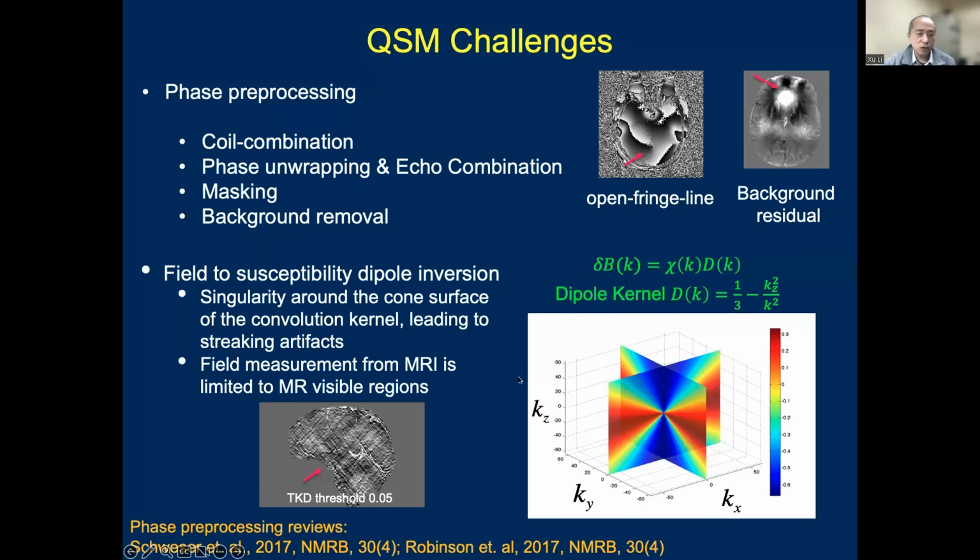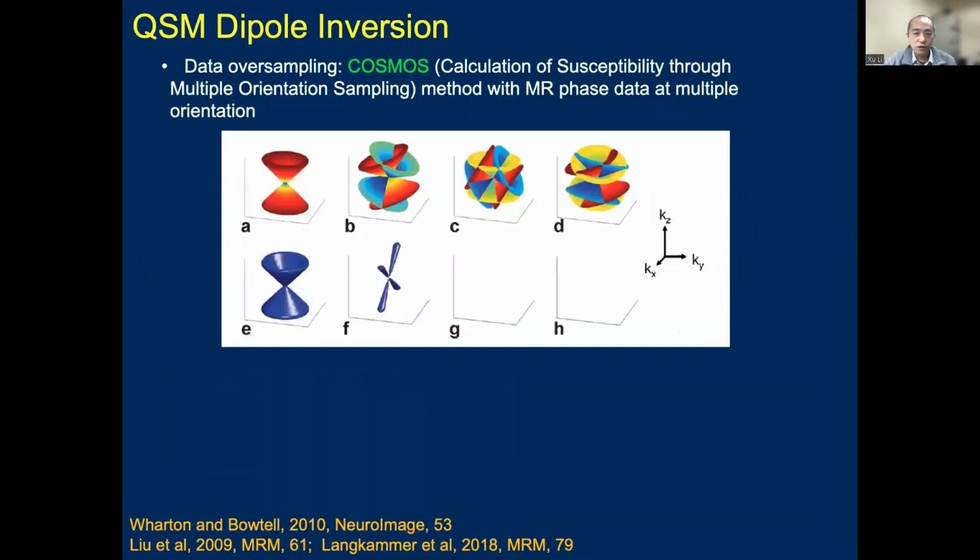Also, for the MRI measurement, we can only get the phase measurement from MR-visible regions, so we need a certain amount of proton density to get any signal. This all leads to the ill-posedness of the QSM dipole inversion. In order to solve this ill-posed QSM inverse problem, we can use a data oversampling strategy like in the COSMOS approach.